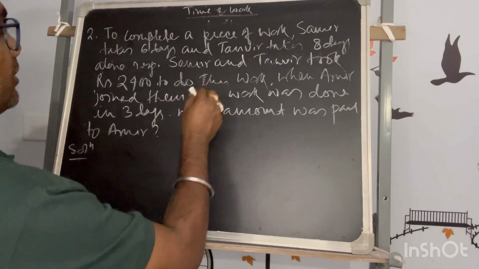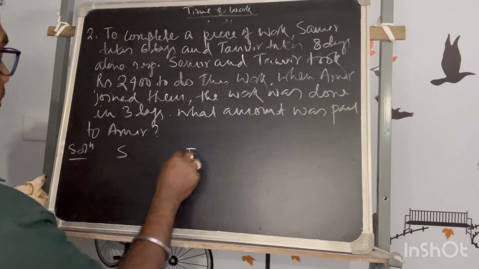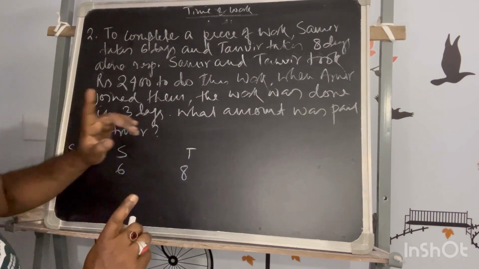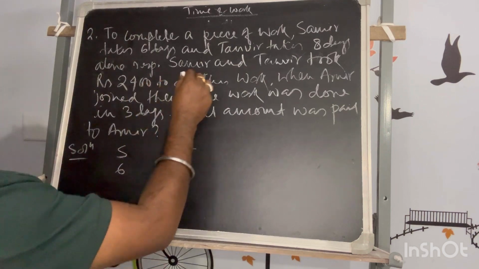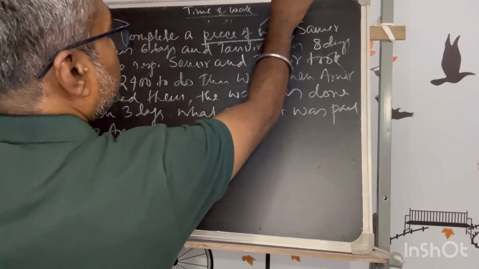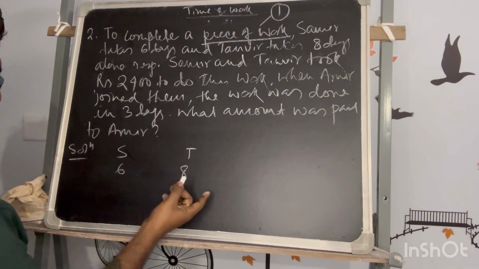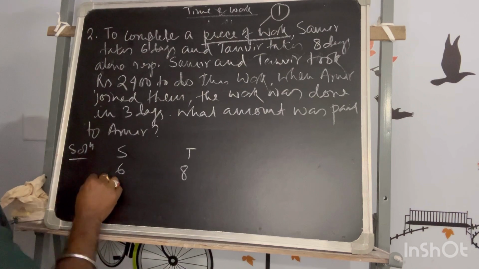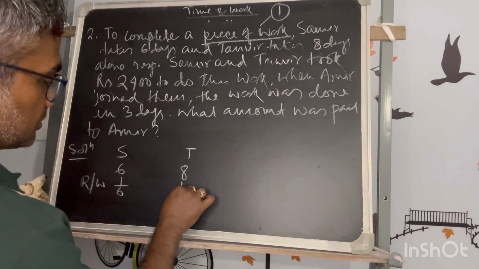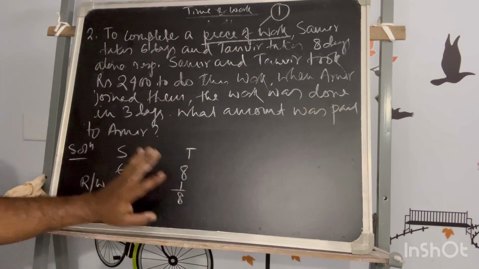The complete work is 1, so any piece of work we take as 1. So their rates of work are 1/6 and 1/8. This is the first step, from the information we can gather and compute.